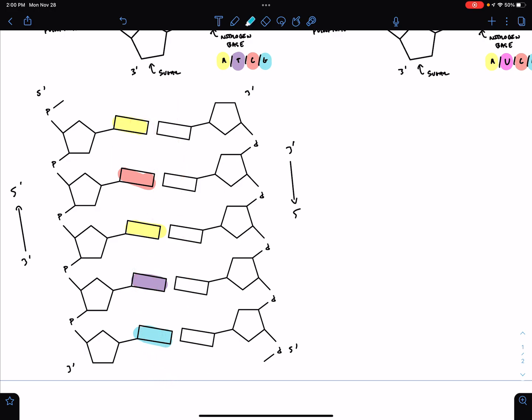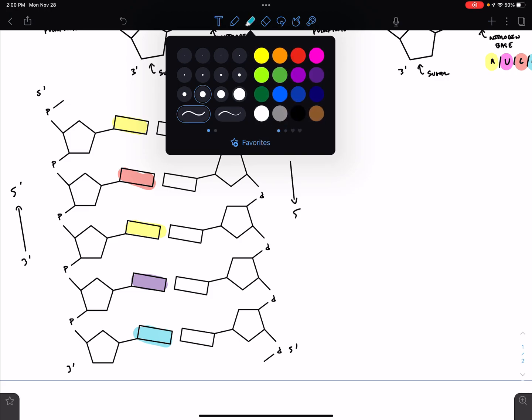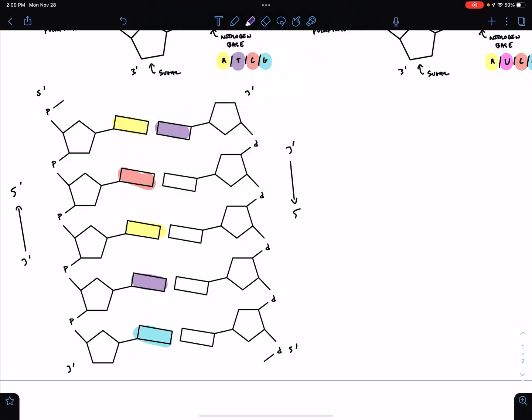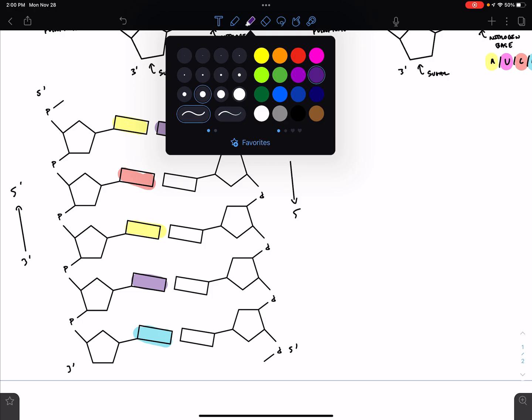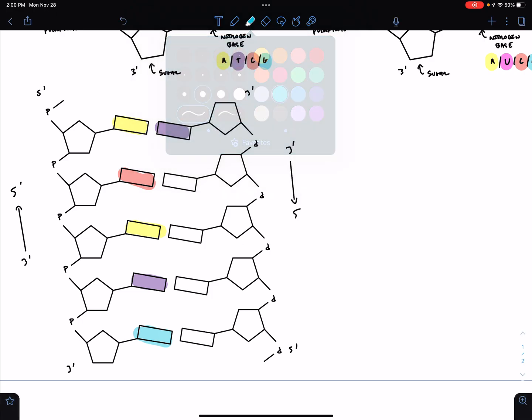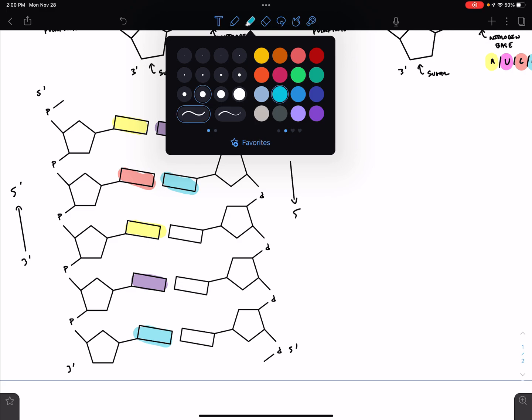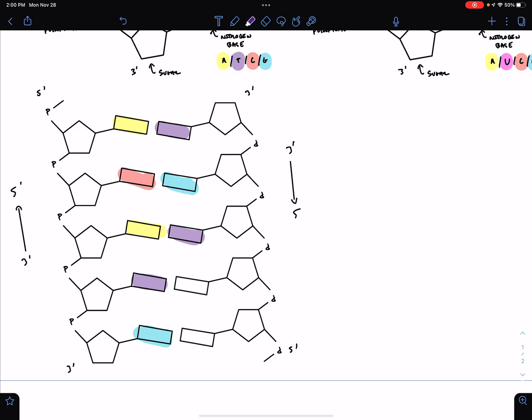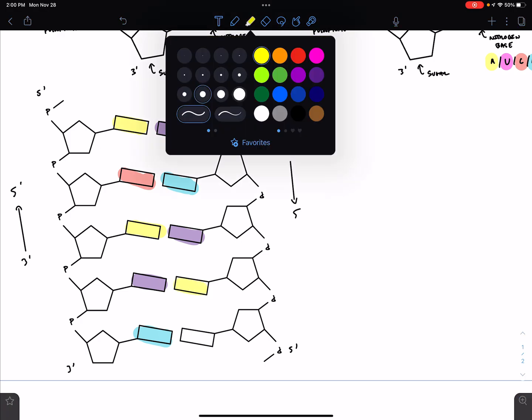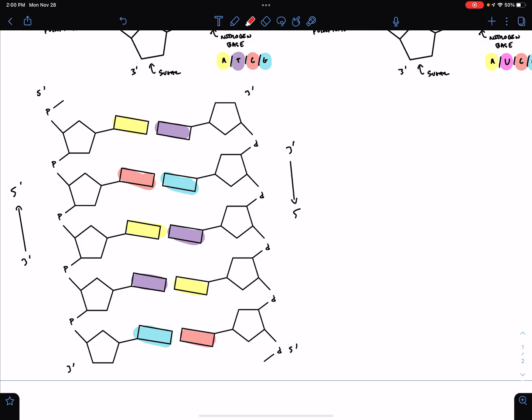It would have to be T, G, T, A, and C. And this is because we have this complementary base pair.